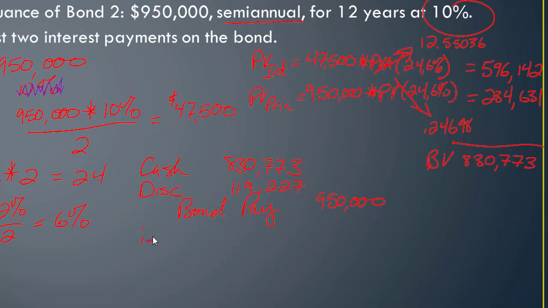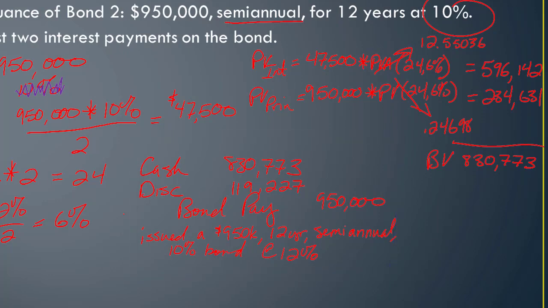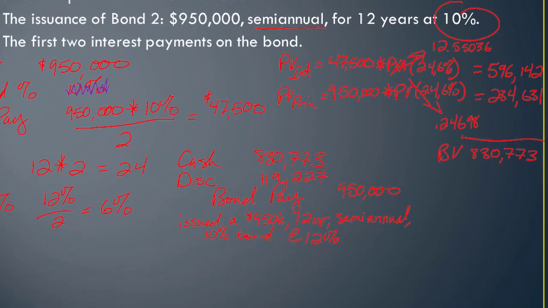This is issued a $950,000 12-year semi-annual 10% bond at 12%. Now I've done my first journal entry. Now I'm ready to do my first two interest payments. We're going to use the effective interest method, and that means I need T accounts.